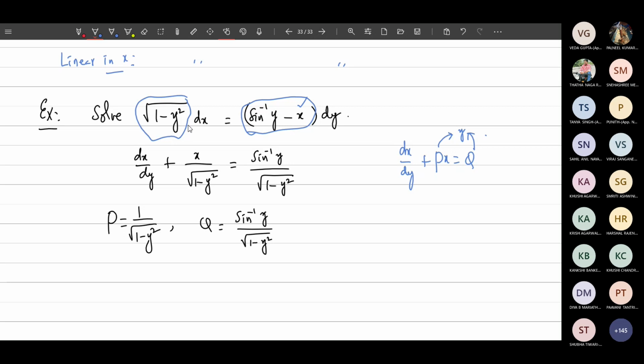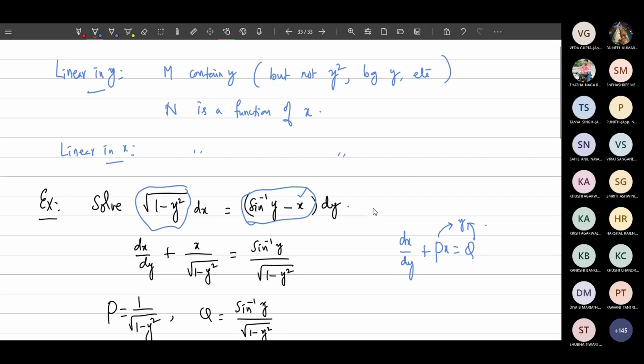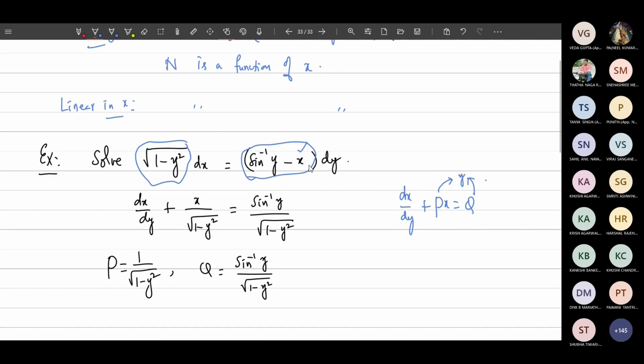Sir, but this is the condition for linear in y, right? No, linear in x. Linear in x is n contains x. And the coefficient of dx, that is m, is a function of y alone. I am not saying that m is a function of x. Understand properly: n contains x means it can have y also.